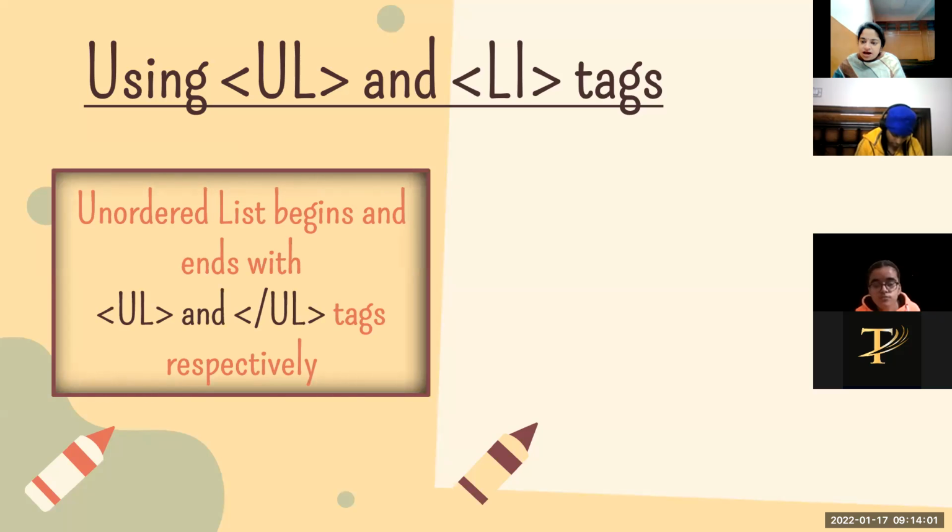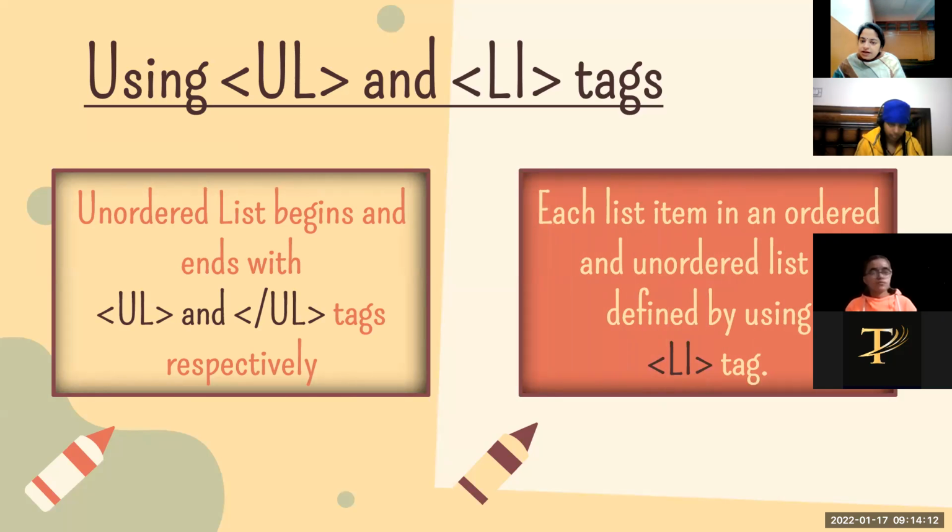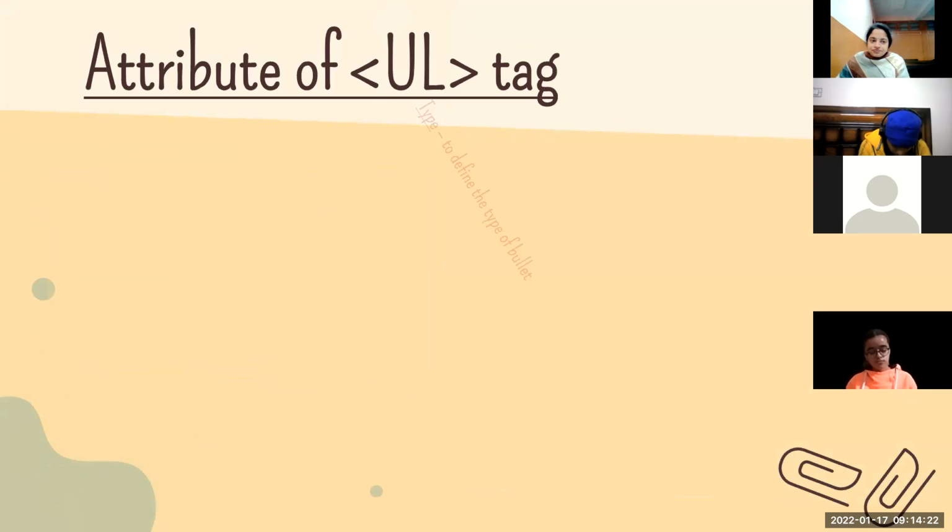Unordered list begins and ends with a UL opening and UL closing tag respectively. And each item in the list is displayed by using the LI tag. हर list में चाहे वो unordered है चाहे वो ordered है, list items are defined by using the LI tag. I will show you how.